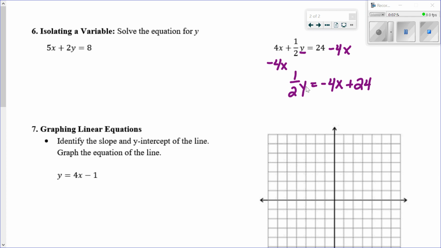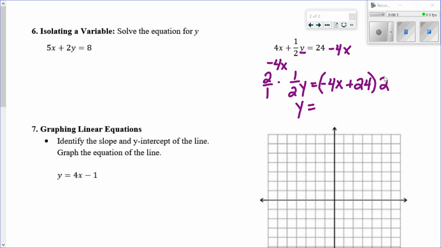To get rid of a fraction, you have to do the reciprocal. So we're multiplying by the reciprocal. The reciprocal is just whatever the fraction is, flipped. So I have 2 over 1. Okay? That goes away. I'm left with just y. Over here, 2 over 1 can be simplified as just 2. So I'm going to multiply this whole side by 2.